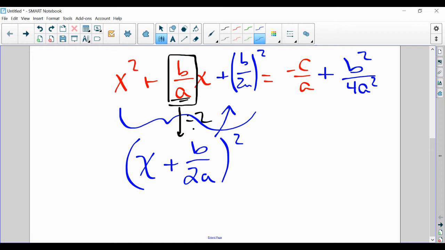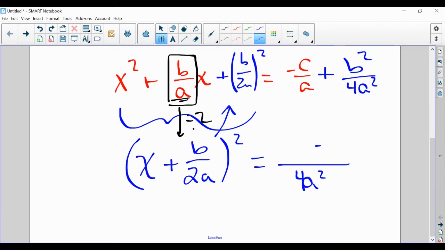Okay. On the left side, I have successfully completed the square. On the right side, I have two fractions that I'm adding together. And if I'm adding fractions, back in 6th grade, you learned when you add fractions, you need a common denominator. And my common denominator is not a, it's 4a squared.